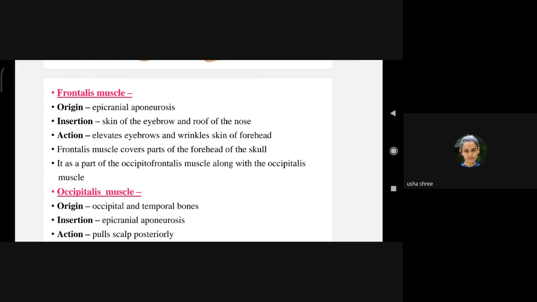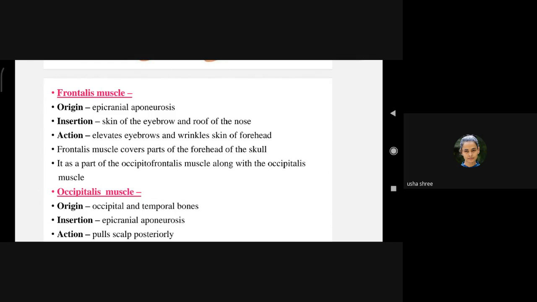For that purpose, this muscle is contracted and relaxed. So the frontalis muscle covers part of the forehead of the skull, and it is a part of the occipitofrontalis muscle along with the occipital muscle.